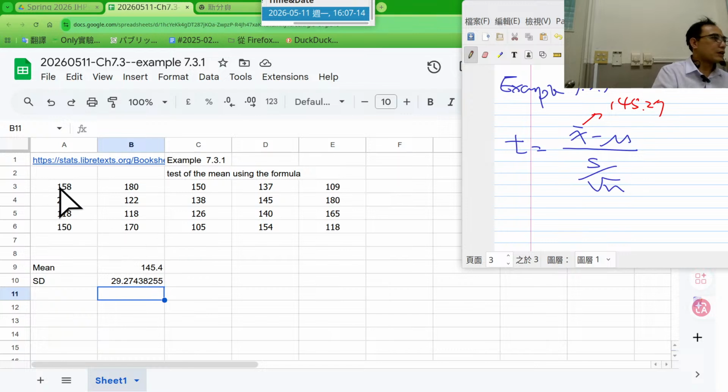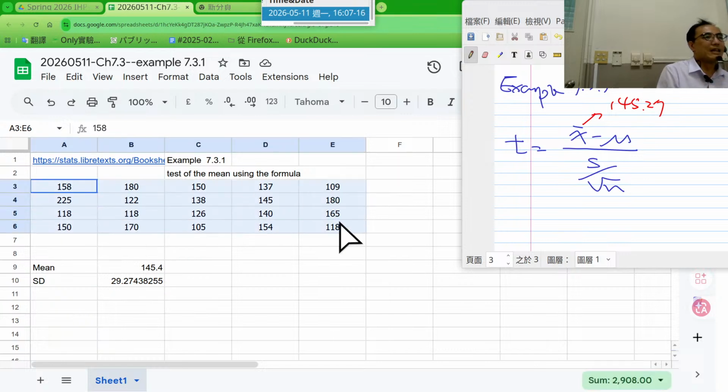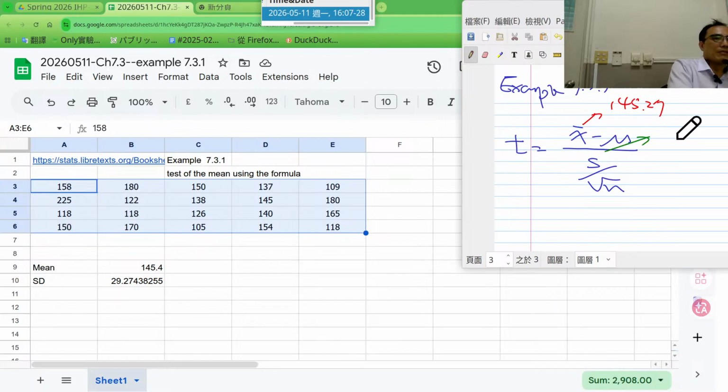Right? We calculate from here. Then mu, I use the color green, is about 100. From the question, the population mean of the IQ is 100.